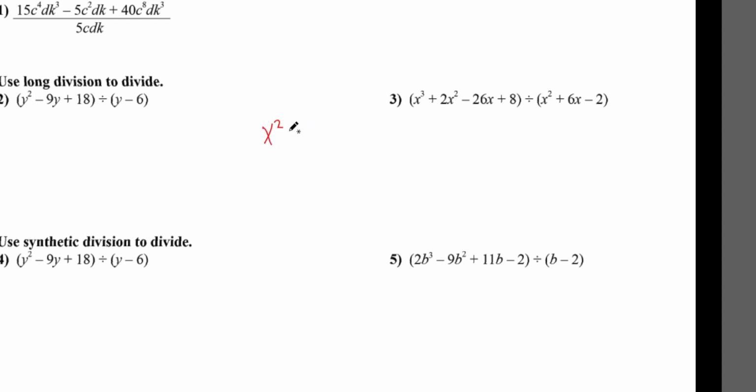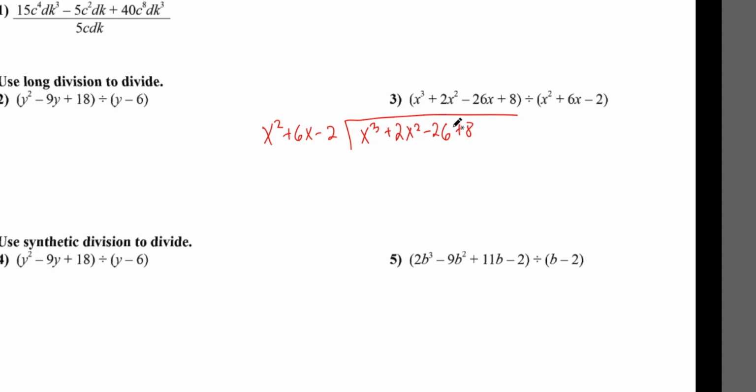So x squared plus 6x minus 2. Oh, I didn't leave much room for the answer. That's okay. So this one goes inside here. So it's x cubed plus 2x squared minus 26x plus 8. I didn't have to fill in anything with zeros, did I?